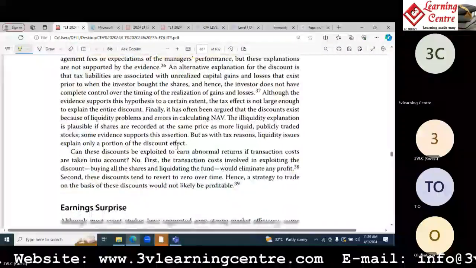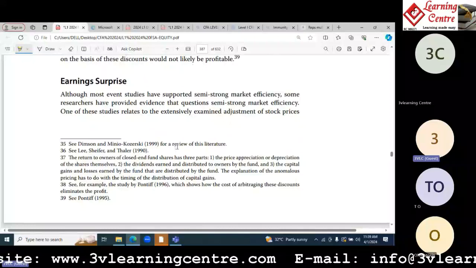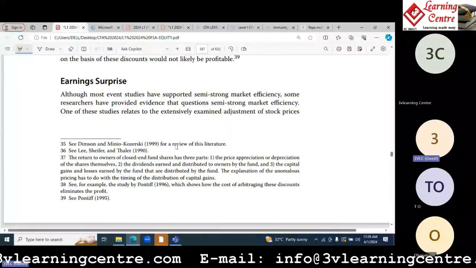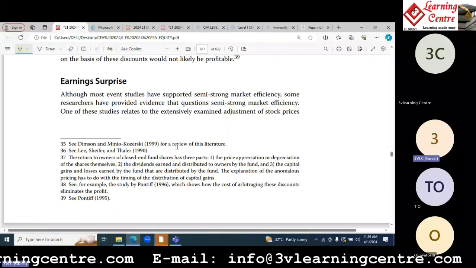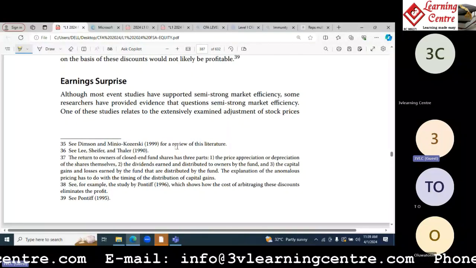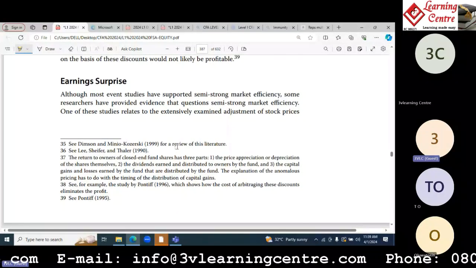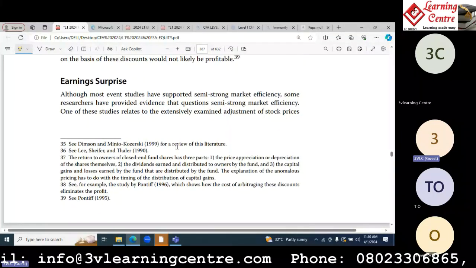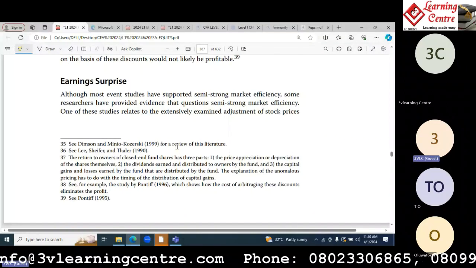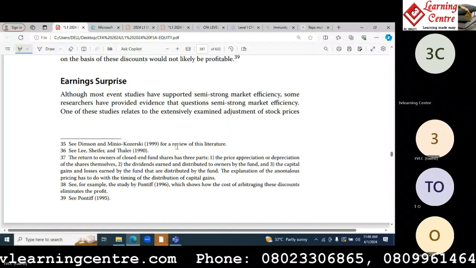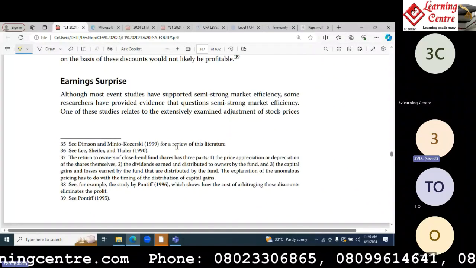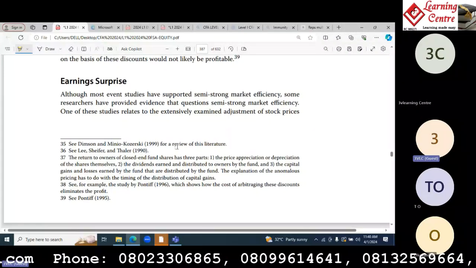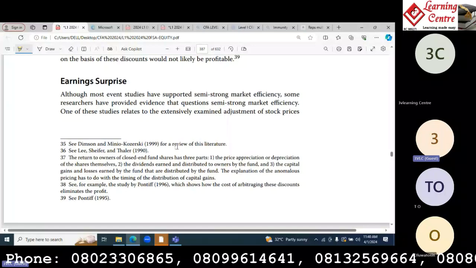Okay. Then the next one is earnings surprise. So what do we mean by earnings surprise? There are some people that all they do is wait for companies to declare their earnings, and they react. So what we have noticed is that most times when companies declare a surprise relative to what market participants had expected, the market will react.